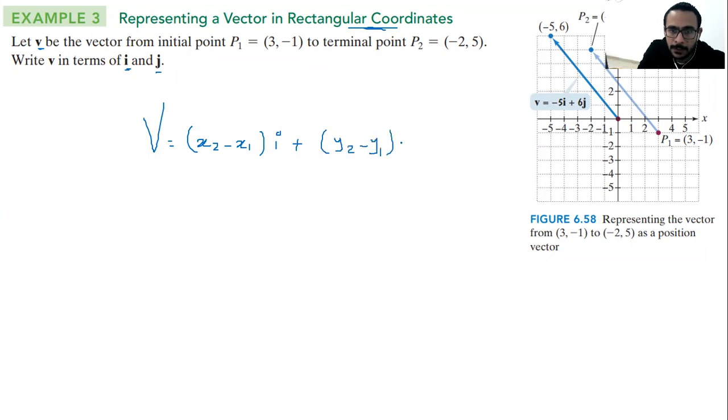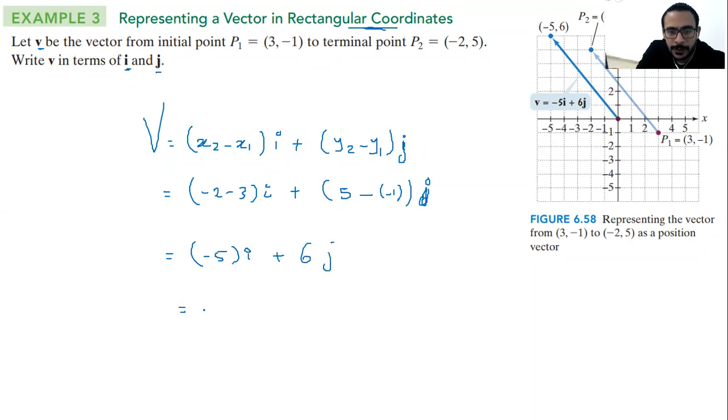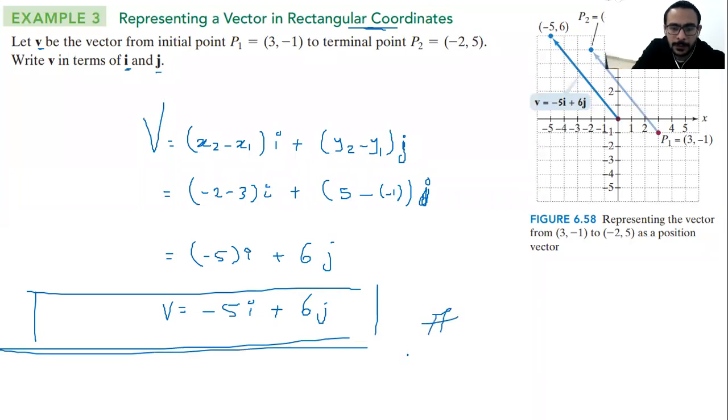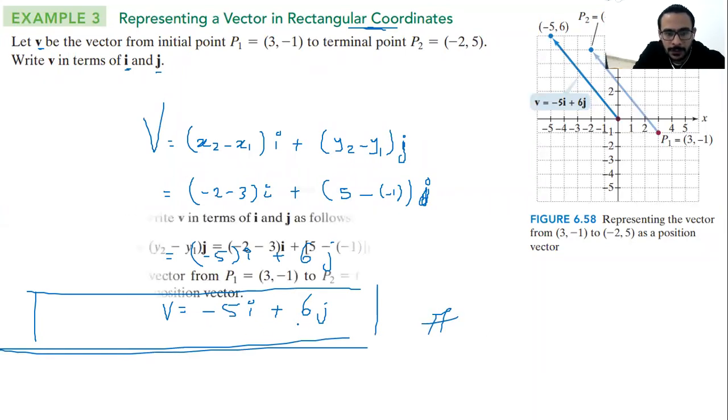That is negative 2 minus negative 3, times i, plus 5 minus negative 1, times j. Equal to 1i plus 6j. That's it, we are done. Easy, very easy guys.